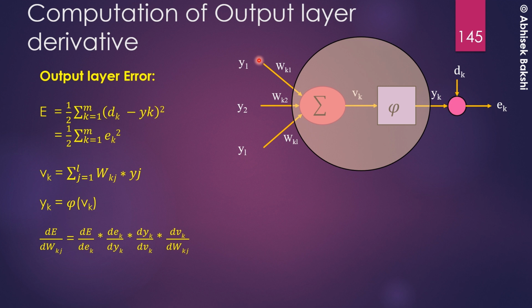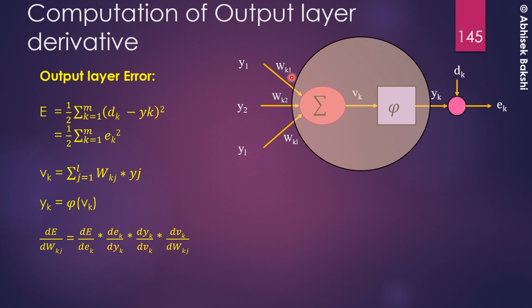So each and every neuron of the hidden layer will have L outputs total as a whole. That's why y1, y2, yl. These are the outputs from the neurons of the hidden layer. And they are connected to a particular neuron of the output layer by this connection WKL.